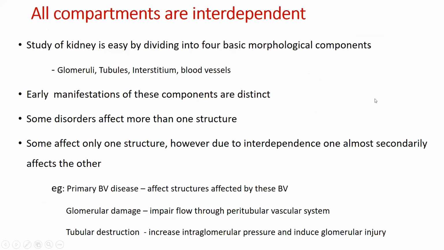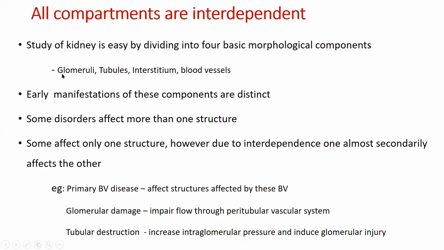So I need to again stress that even though I've spoken about these compartments separately, all these compartments are interdependent. The study of the kidney is easy by dividing it into 4 segments, but still they function as a single unit. Initial damage, depending on which segment is affected, can manifest as different distinct clinical entities.